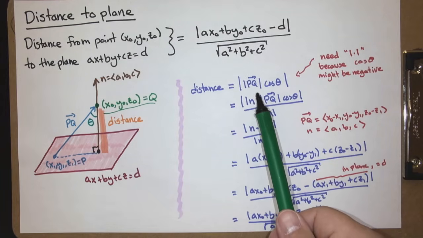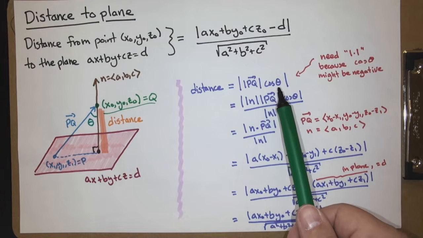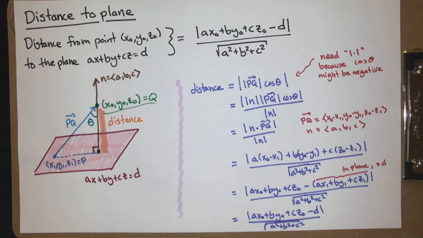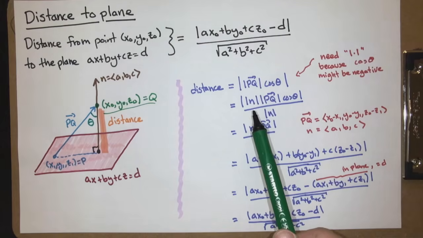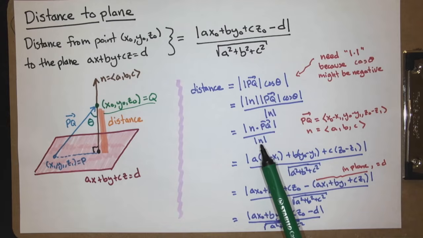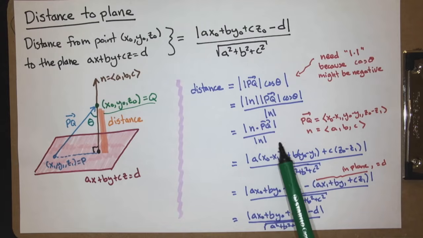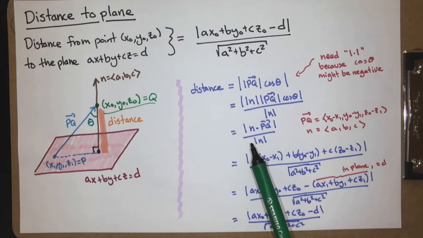So the distance is the magnitude of PQ times the cosine of theta. You need to toss in some absolute values because cosine could be a negative value. It's so close to a dot product. Throw in the magnitude of n, and we've got a dot product. So now we say it's the normal vector dot PQ over the magnitude of n.